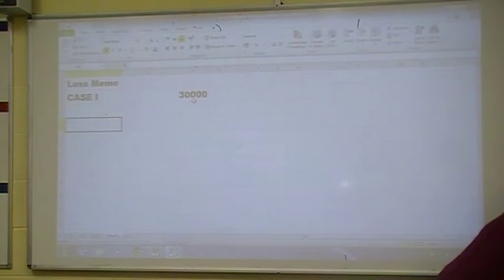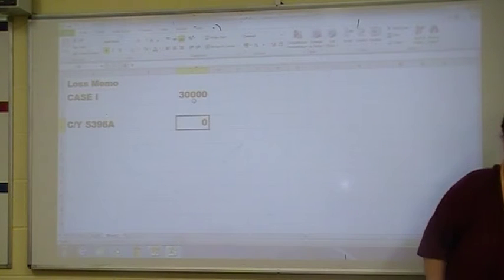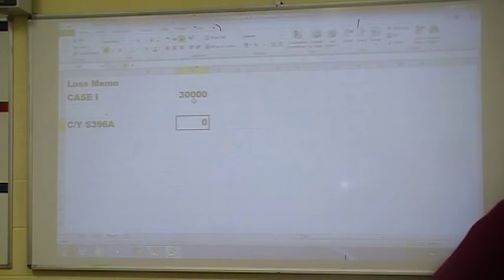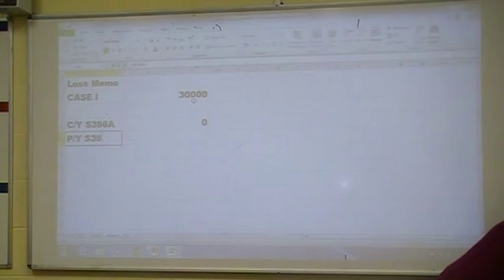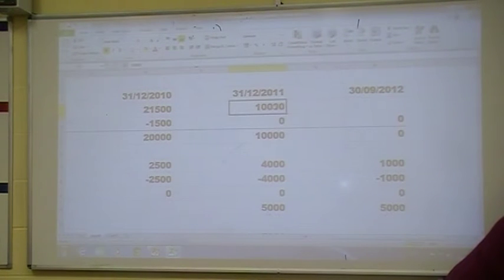So your steps for that are: current year, section 396A. And actually nothing for that because we have no other trading income. Prior year, section 396A. There was for the year there, and it's in 9 months. Okay, so go back and look at what our profit is, 10,000 euro.